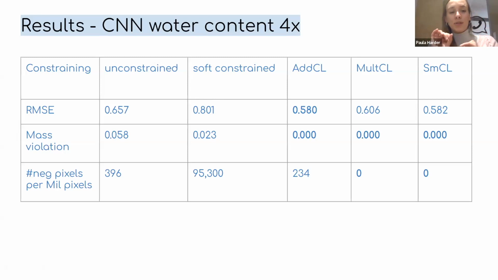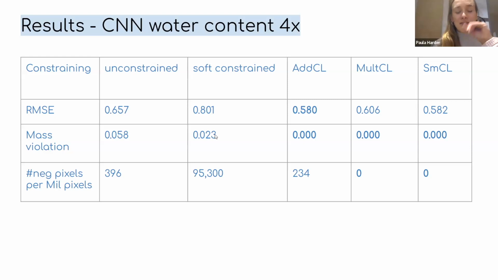That needs to be tuned, and depending on how high this is, it would change this and this number. I don't have it in here, but I could decrease the mass violation, but then I would increase the error significantly. So here I chose one where I was like, okay, we decrease the mass still and don't get that much worse.